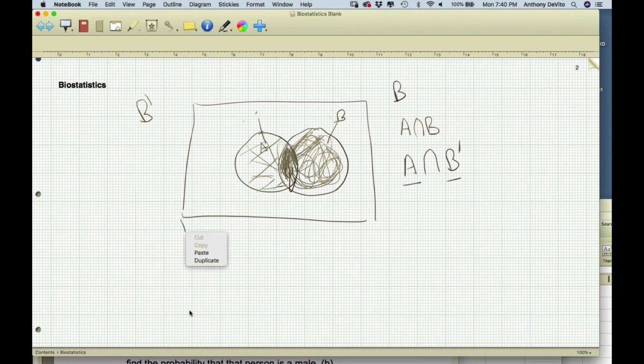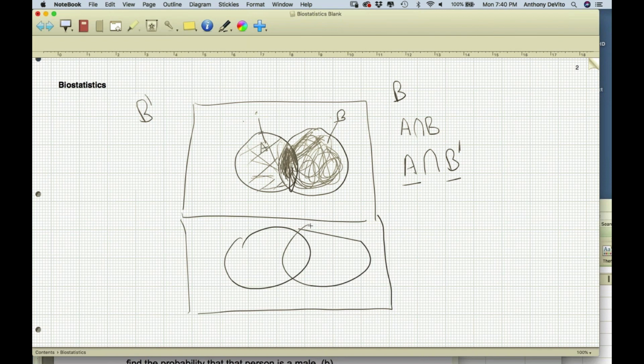Let's see if I can try another one here. Okay, how about this area? I'm freestyling here now. I'm not sure if I'm going to get this right. How about this area here?